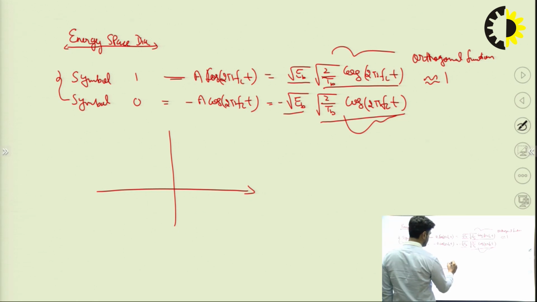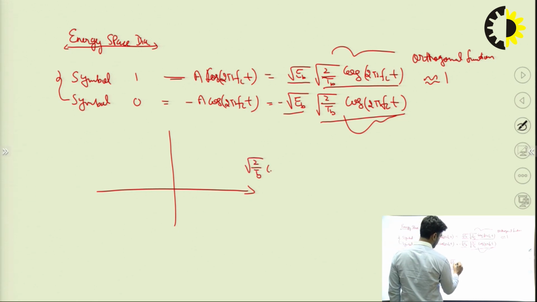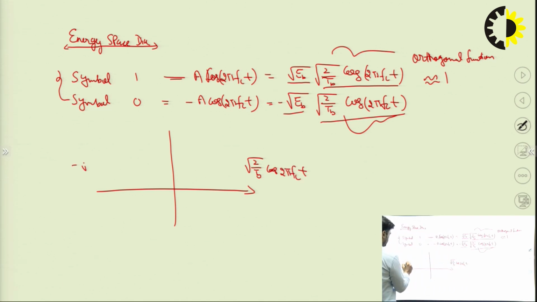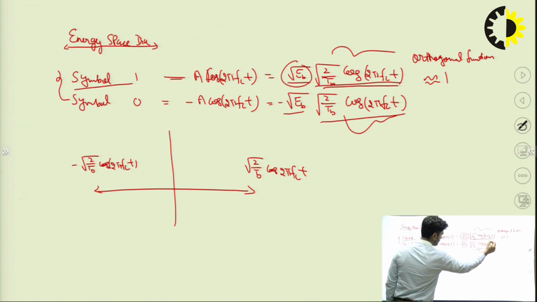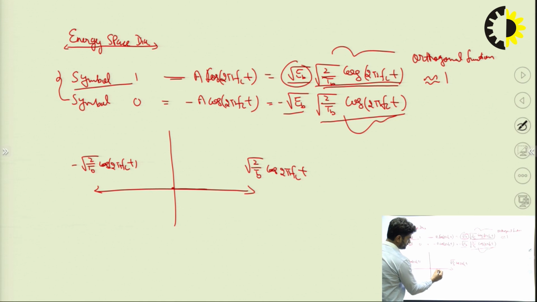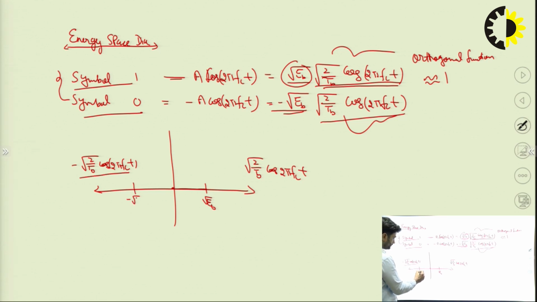If we take this axis as root of 2 by TB cos 2 pi FCT and the other as minus root of 2 by TB cos 2 pi FCT, the symbol 1 is at a distance of root EB along this axis. Now symbol 0 is at minus root EB along the orthogonal function cos 2 pi FCT.